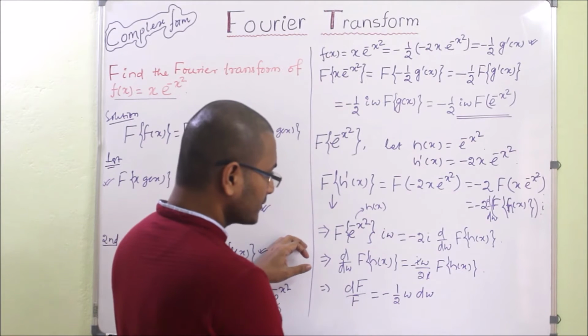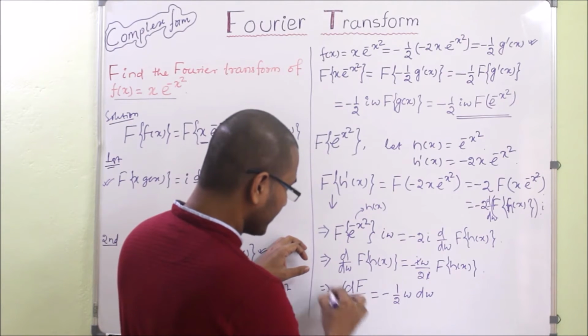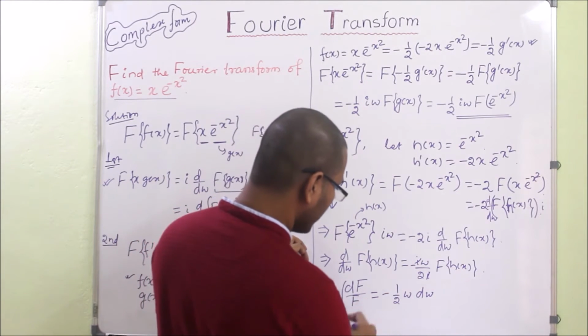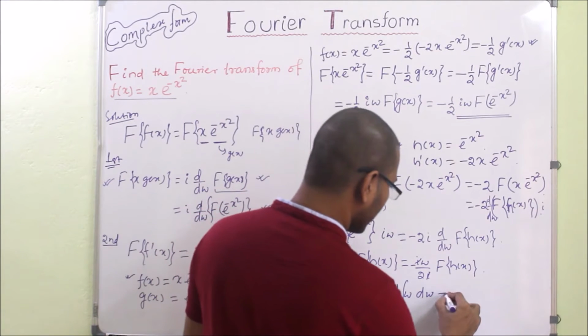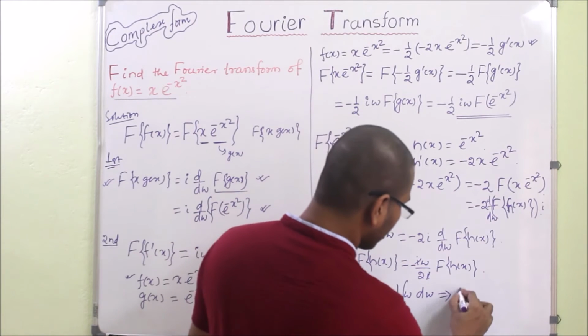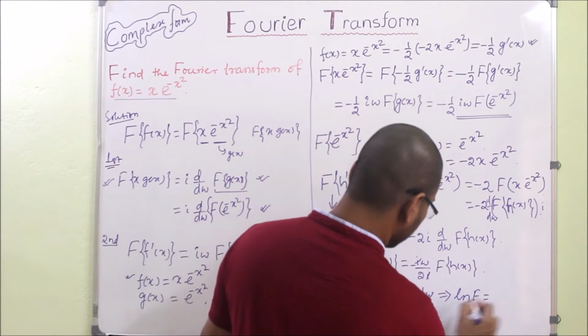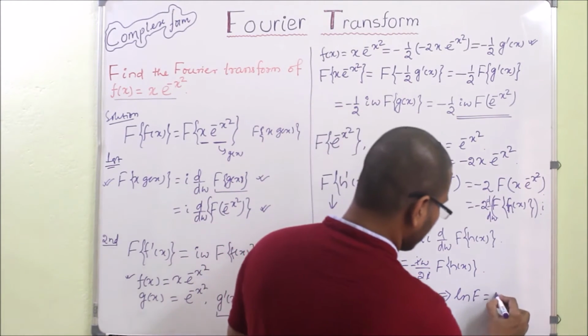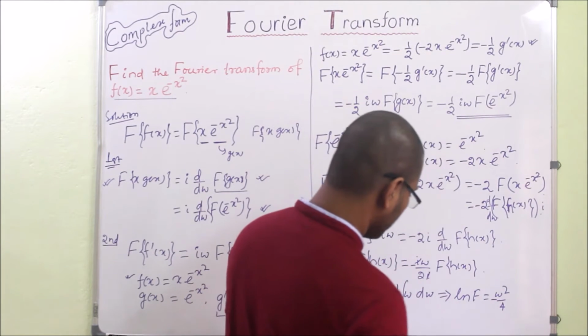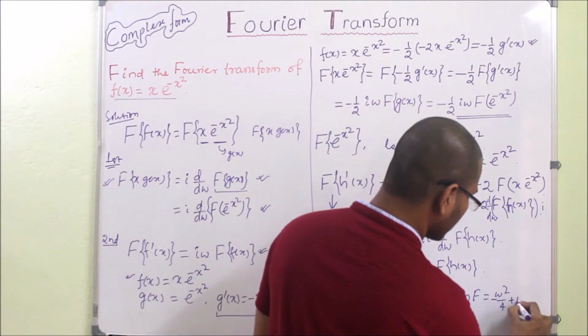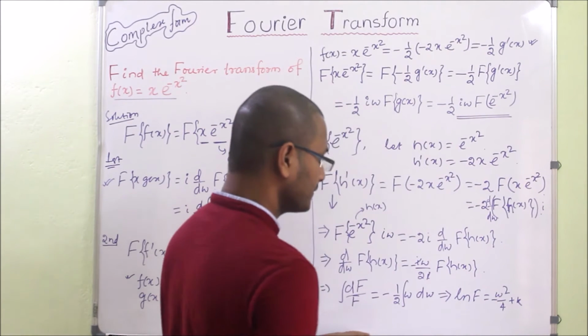So this is a differential equation. Now if we solve it, we will get f. So if we take integration both sides, then what we will get? We will get ln f equals what? This w square by 4 with negative sign, plus some constant k I am writing.